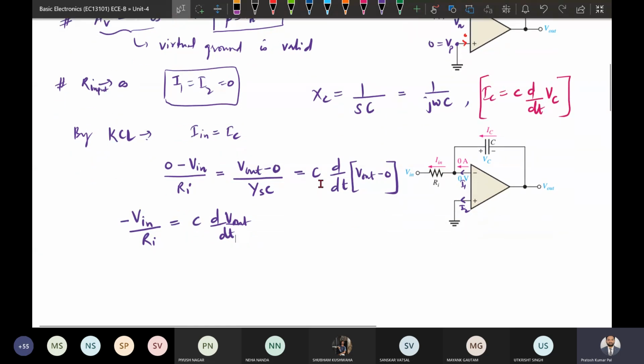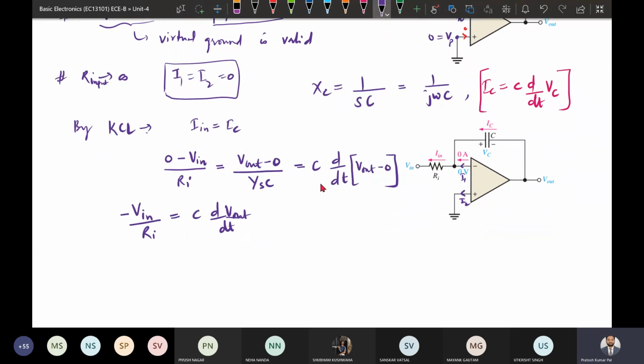We can separate because we need to find the V output. So dV output by dt will be equal to minus V in divided by R in C.